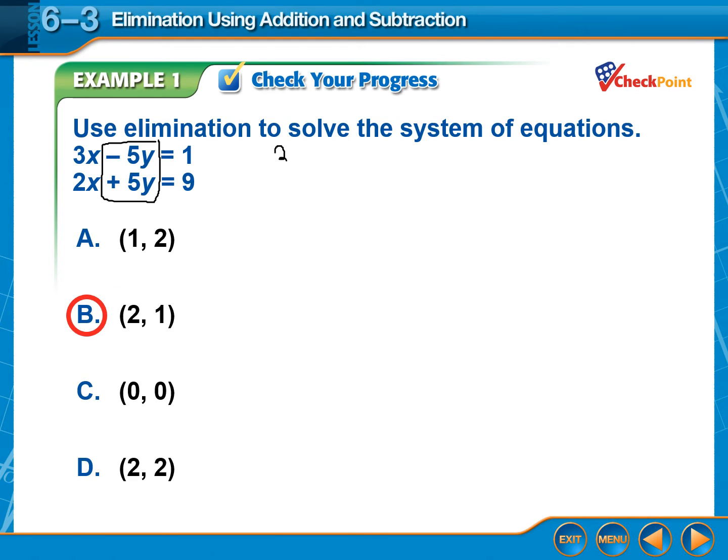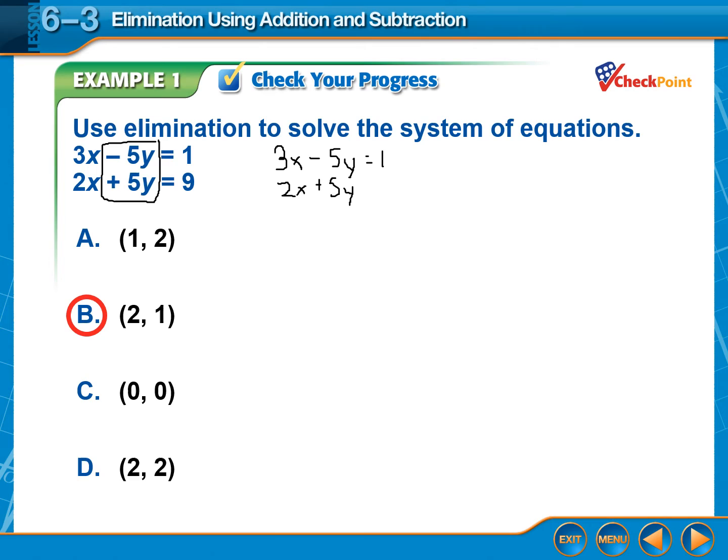So when I write these out, 3x minus 5y equals 1. And 2x plus 5y equals 9. What I can do to cancel out those two opposite y terms is simply add equation 1 with equation 2.